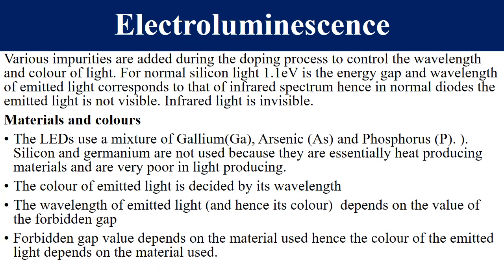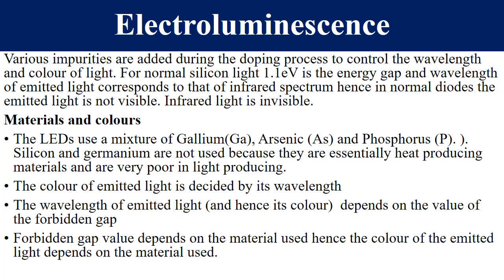We are all aware of the addition of impurities, and we call it doping. And it is doping that controls the wavelength and also the color of the light, which means for us to have a blue LED, green LED, red LED, it is because of the doping process.